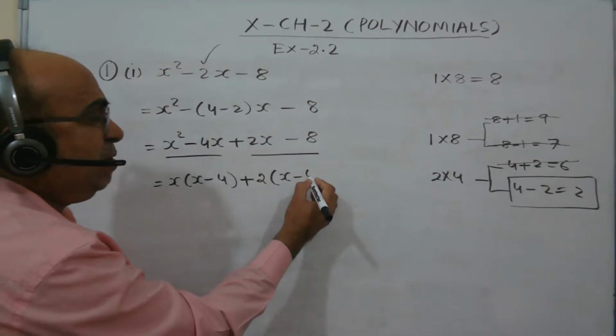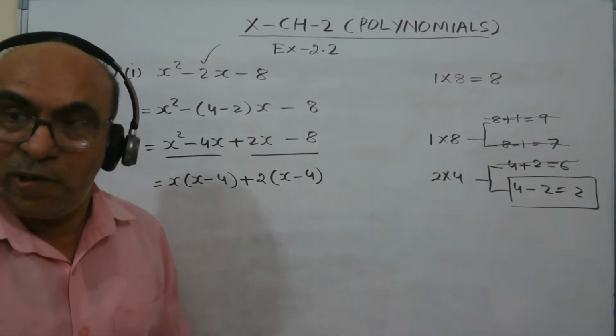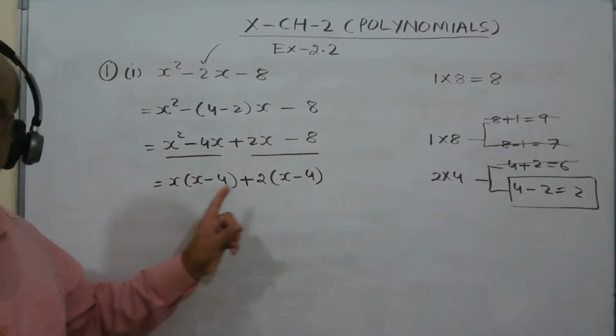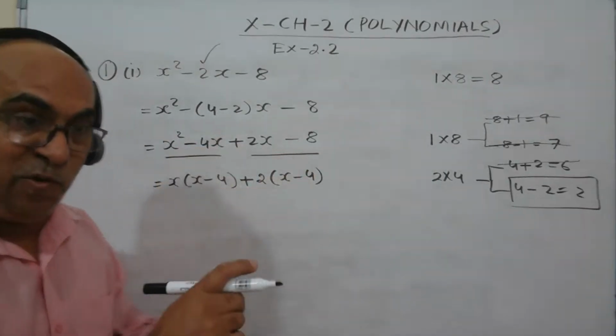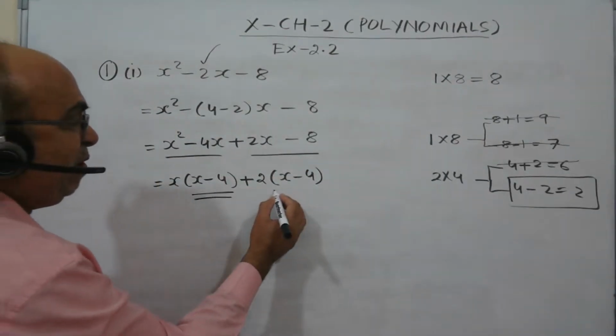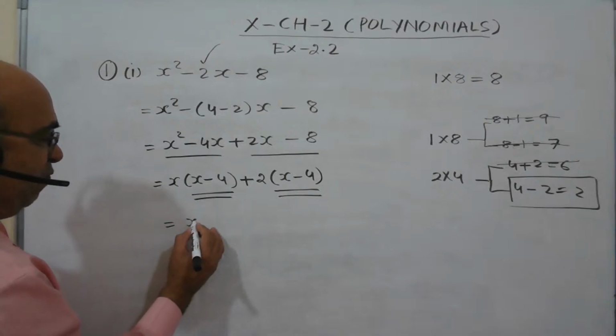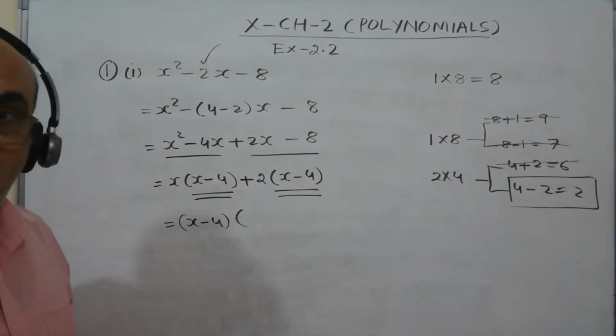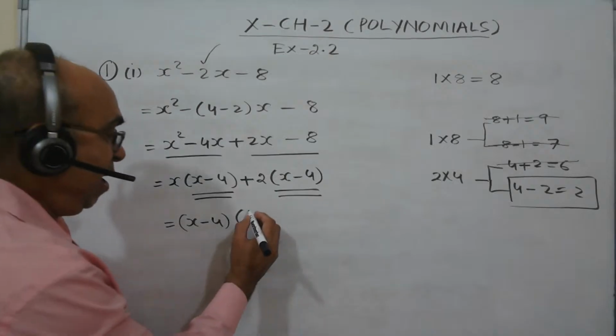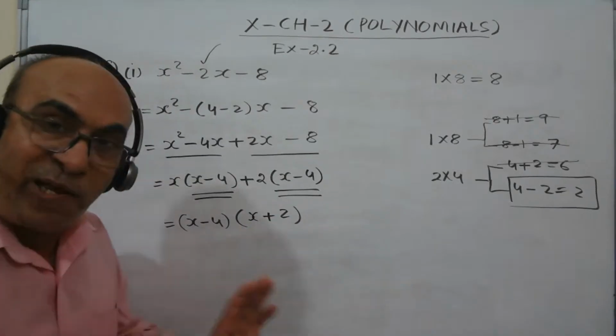Then what will you get? X minus 4. Right? Now are both brackets the same or not? If they are the same, it means you can continue. Now this whole bracket will be common. So you tell what you will get in the next bracket. Good. X plus 2. Factorization is over.